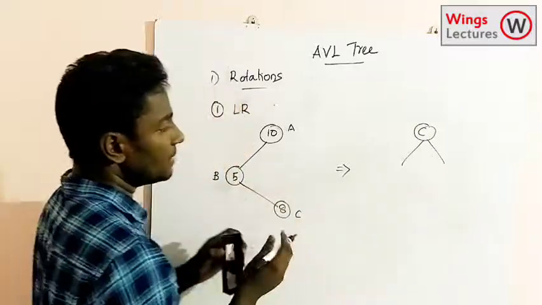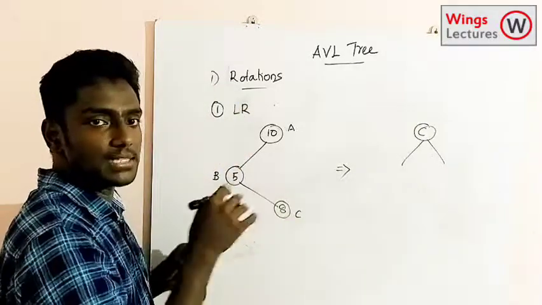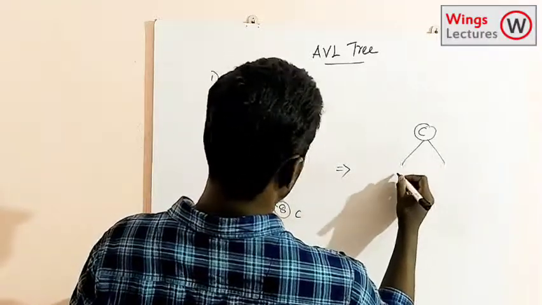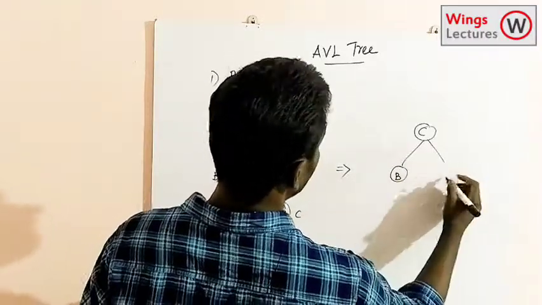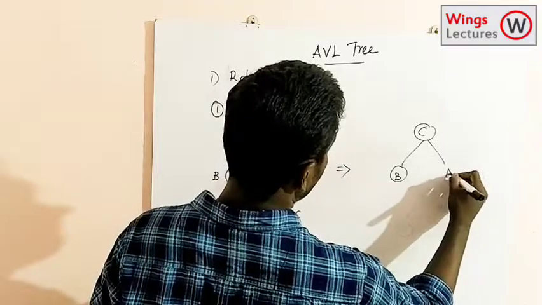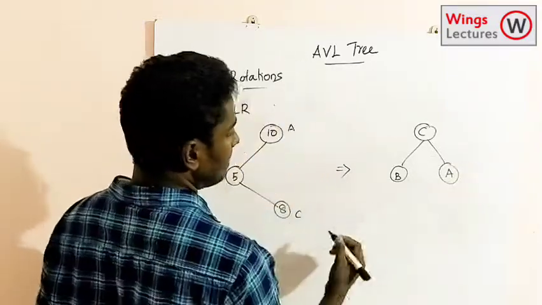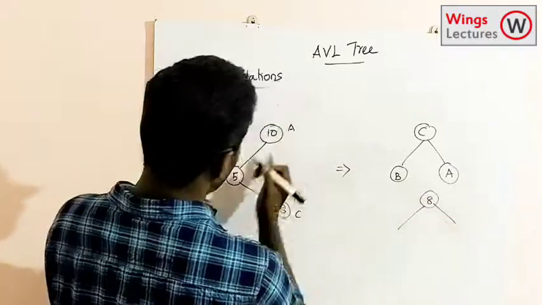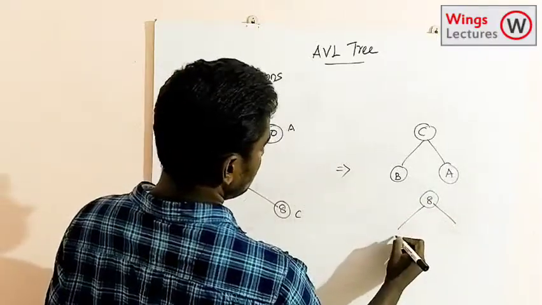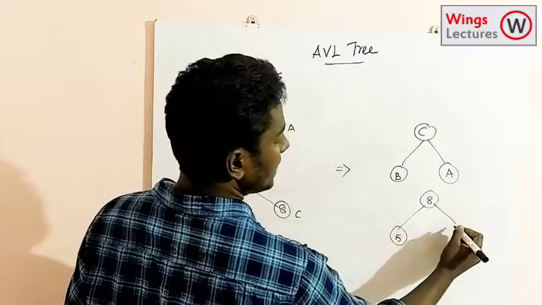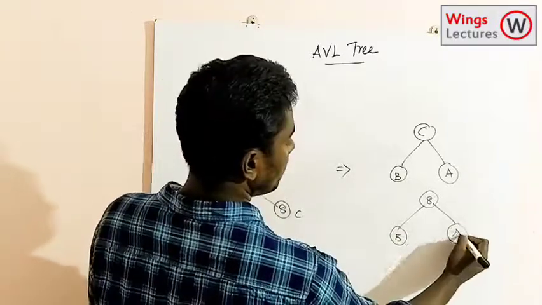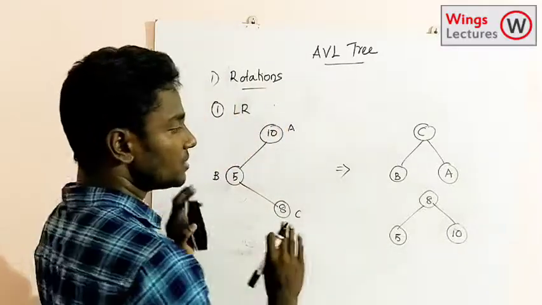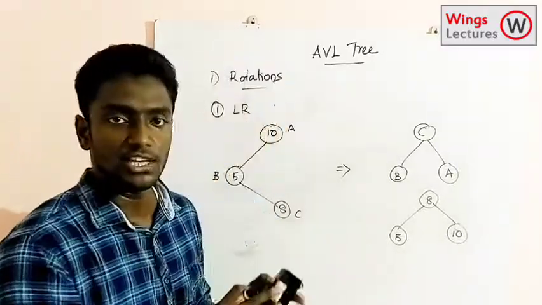In the last example we kept A as left subtree, so here you have to keep B as left subtree and A as right subtree. By applying the value, 8 will become root node and 5 will become left subtree and 10 will become right subtree. So this is how we are going to deal with this issue.